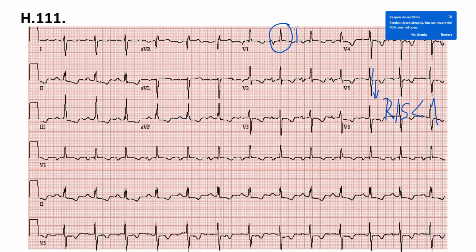What does it indicate if you have an R wave in V1 and a deep S wave in V5, V6? It's right ventricular hypertrophy. Correct. Good.